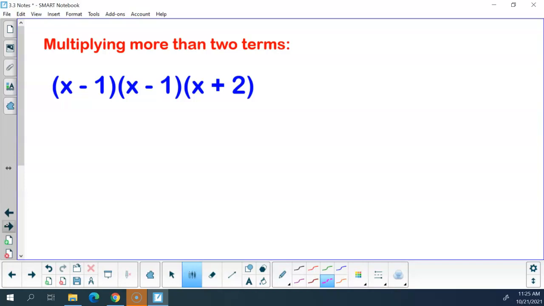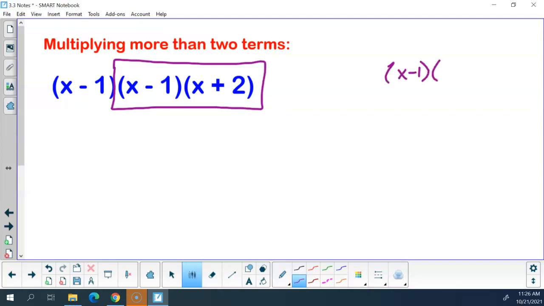All right. So we have to take 2 at a time. It doesn't matter which 2 you take. I'm going to take these last 2 at one time and break that out into a little sidebar. That's going to be x minus 1 times x plus 2. I've got to do my double distribution on it.